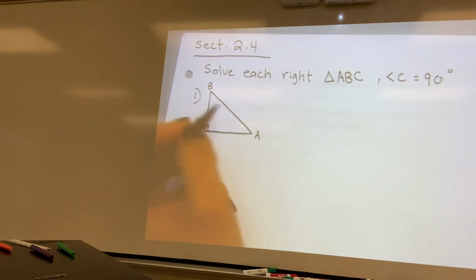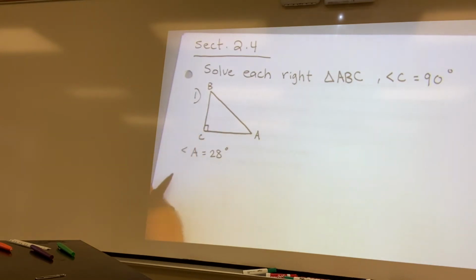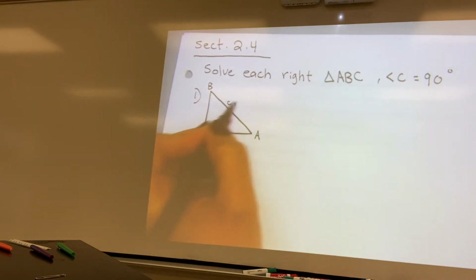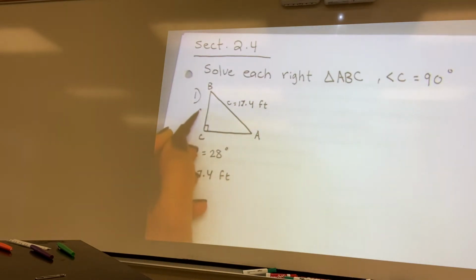And I know that angle A is 28 degrees and the side C, the hypotenuse, is 17.4 feet. So this is C equals 17.4 feet. And this is side A, and this is side B.